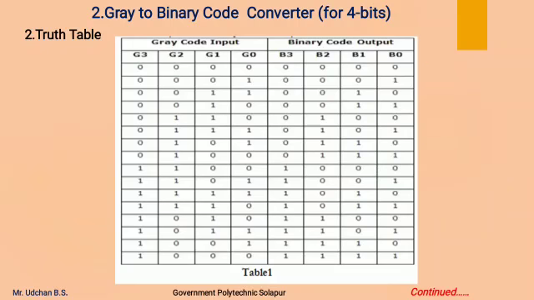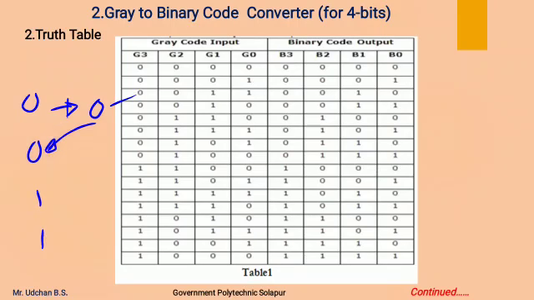we already know how to convert a gray code into a binary number. I will show 2 examples of gray to binary conversion from this table. First I will take this one. The gray code is 0011. I will convert it into binary. The first bit 0 comes down as 0.